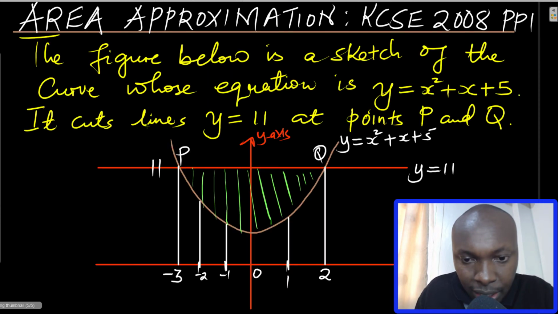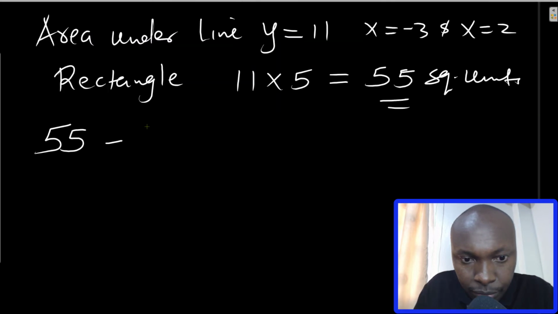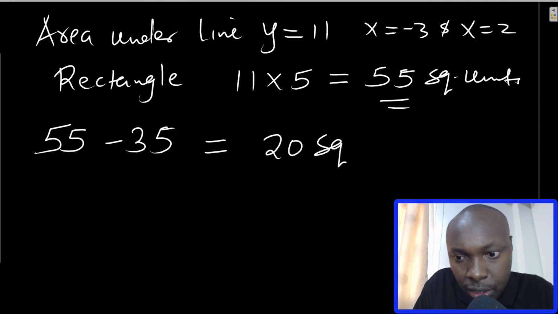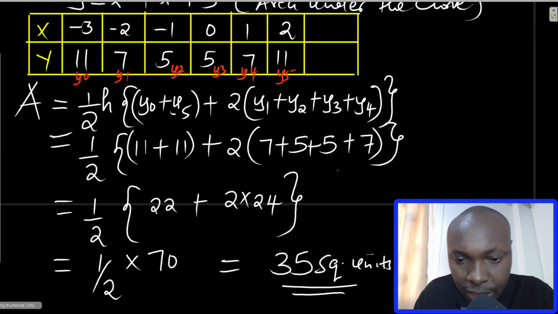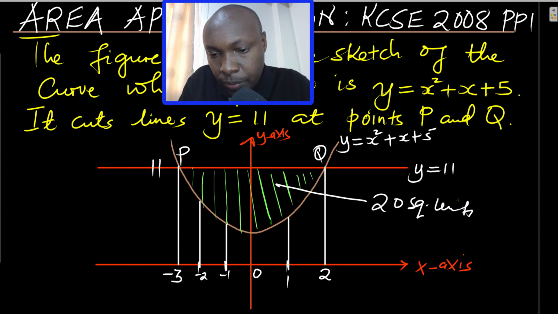Then we subtract the area under the curve, y equals x squared plus x plus 5, which you got as 35. We got that one as 35. And when you subtract these, it will give 20 square units. That is the area. So this area therefore is 20 square units. So that is how we work out that area.